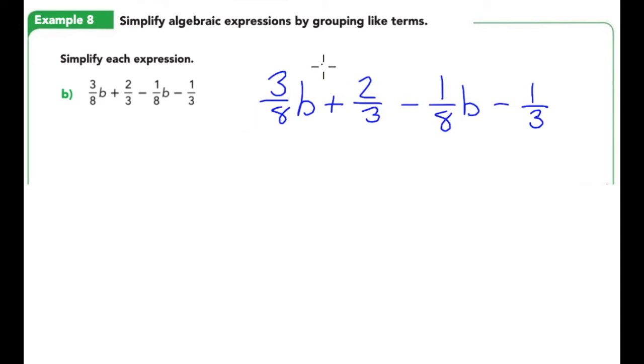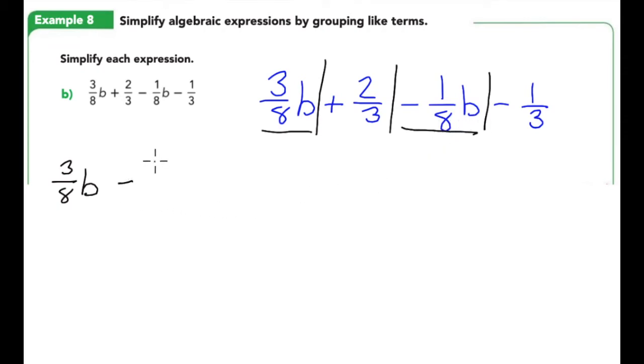So 3/8 b plus 2/3 minus 1/8 b minus 1/3. I'll start with the 3/8 b. And I'm going to look for any other b's, and we have a negative 1/8 b.